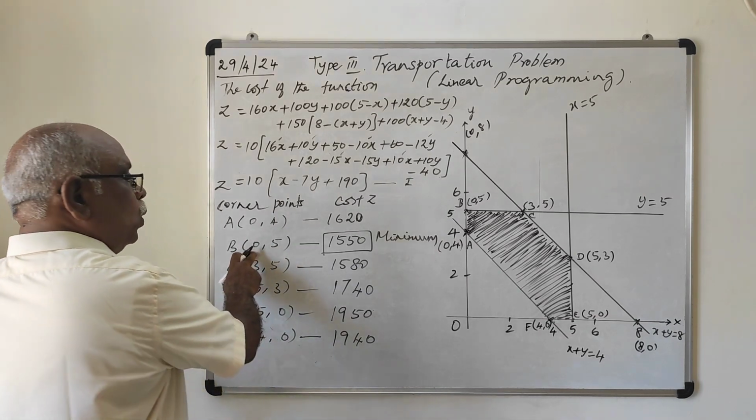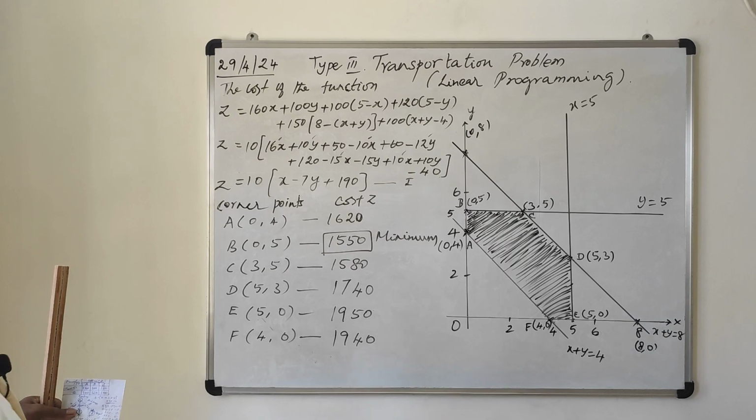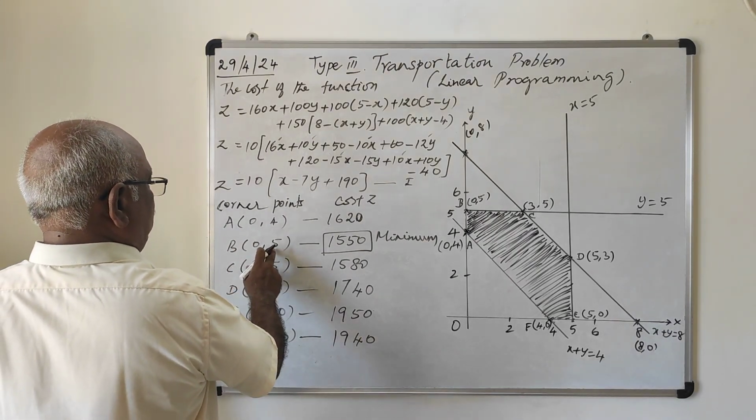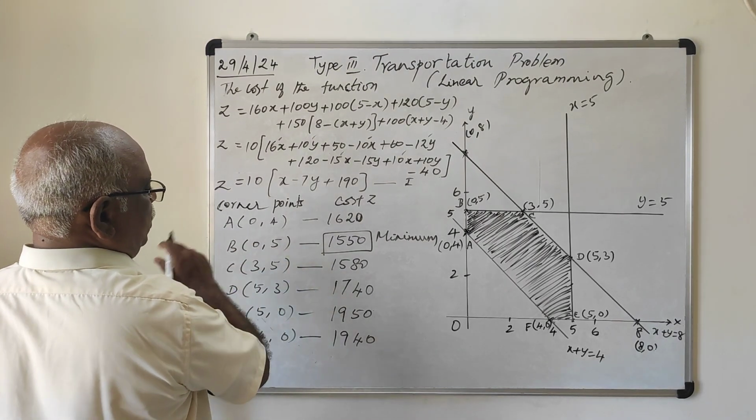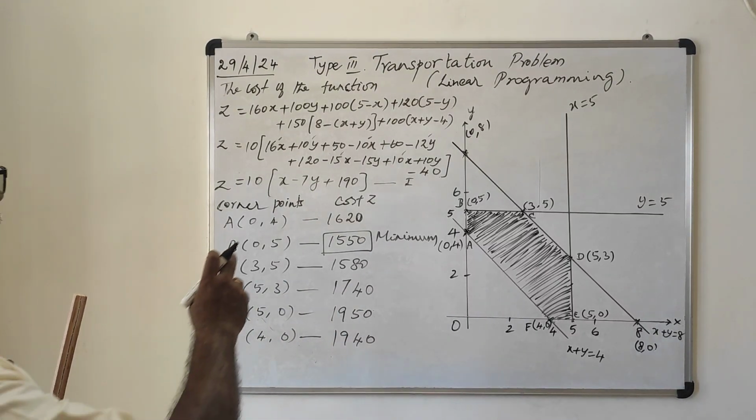x equal to 0 units and y equal to 5 units gives you the minimum cost.